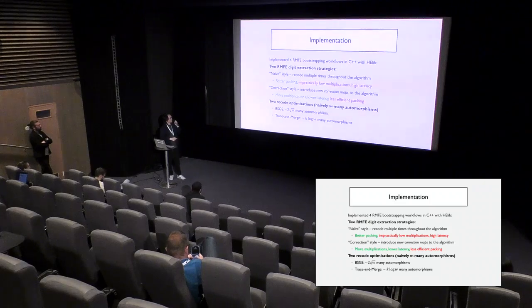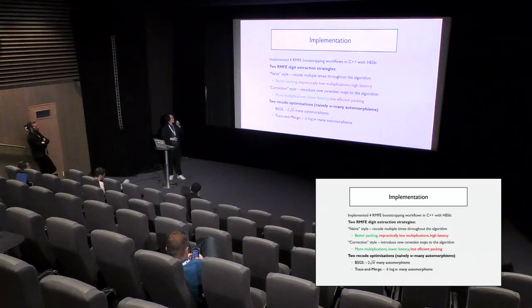Then we also implemented the correction map technique that we showed before, and it yields more multiplications after bootstrapping because you're not doing as many linear map evaluations, and also has a lower latency because correction maps are very, very easy to evaluate. But the problem is that it doesn't have quite as good packing as the naive way of doing it.